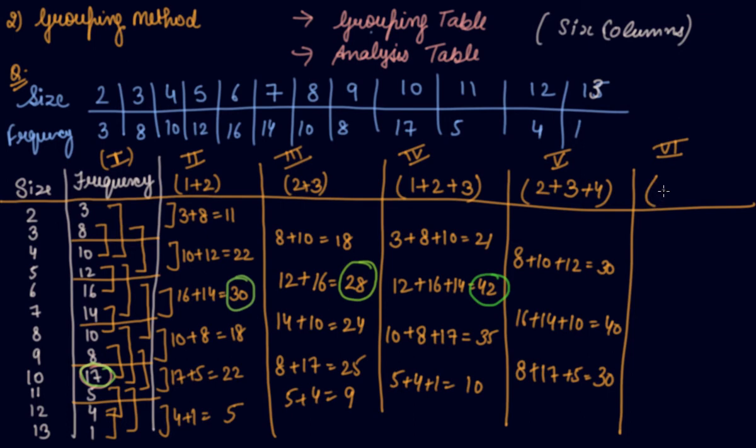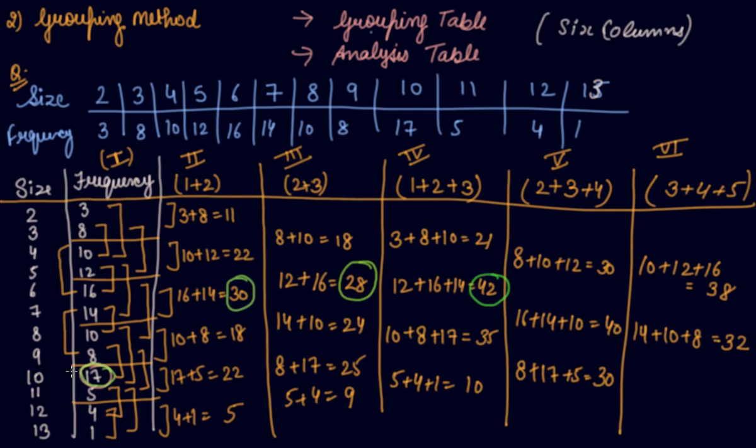In the sixth column, we add the third plus fourth plus fifth frequency. We start from the third frequency, that is 10 plus 12 plus 16, which is equal to 38. Then we have the other 3, 14 plus 10 plus 8, which is equal to 32.